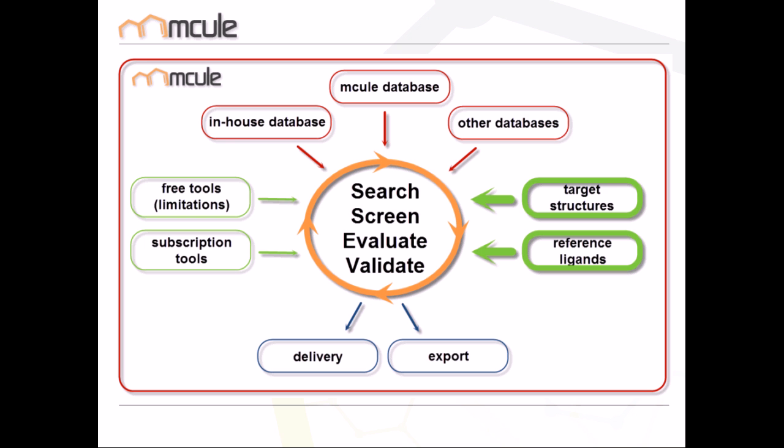These will be integrated, and these reference ligands can be used to validate and evaluate drug discovery screening workflows. So they will have to decide whether a certain screening workflow is able to distinguish between known actives, reference ligands, and inactives or decoy compounds.